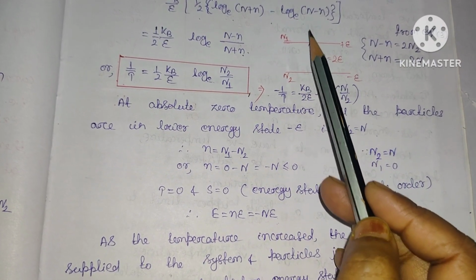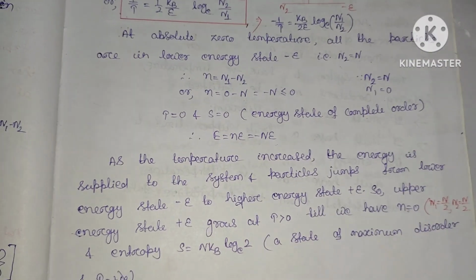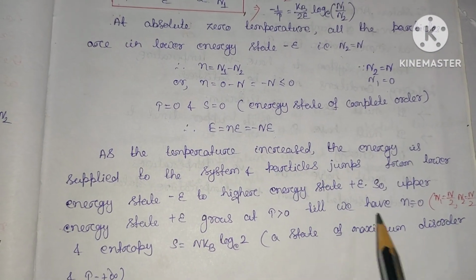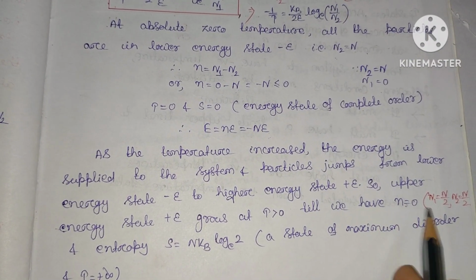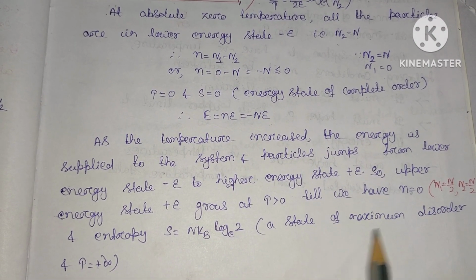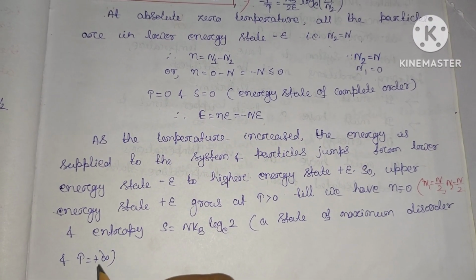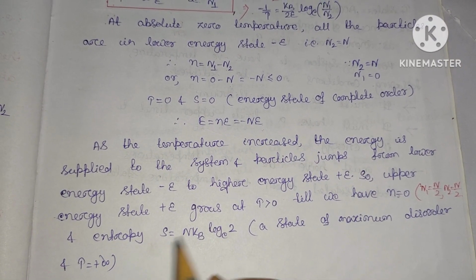That is, here the particles are n by 2, and here also n by 2. At this condition the entropy is nk log 2. This is called the state of maximum disorderliness, or T tends to plus infinity.